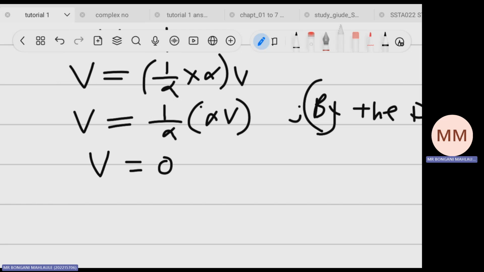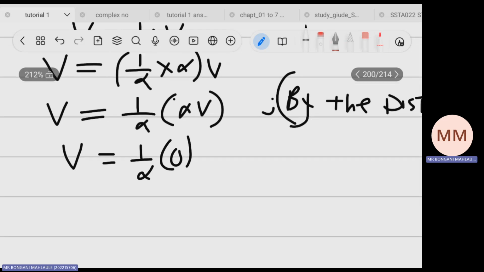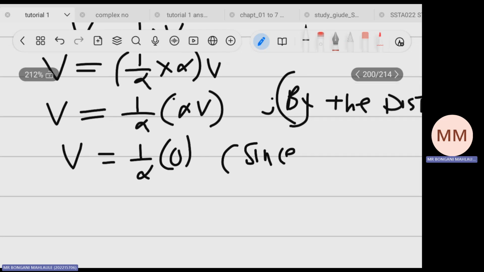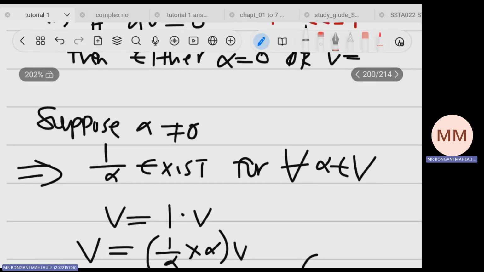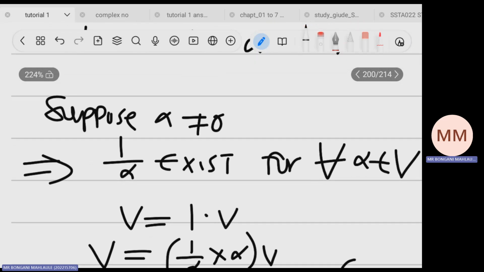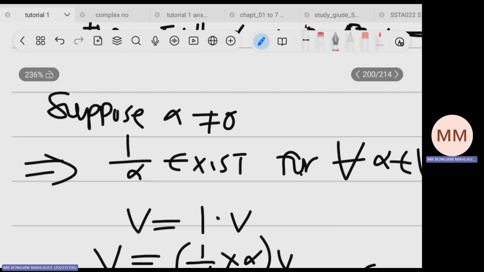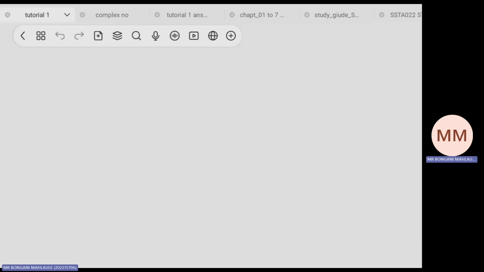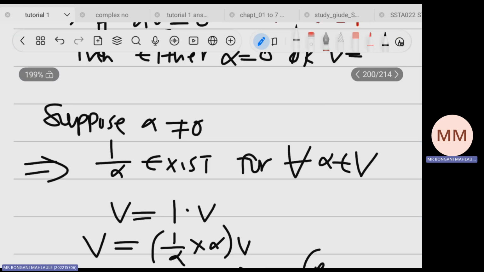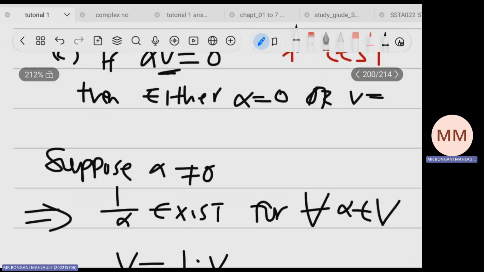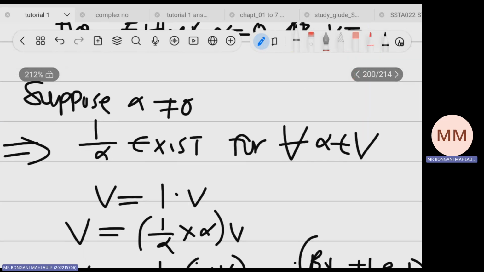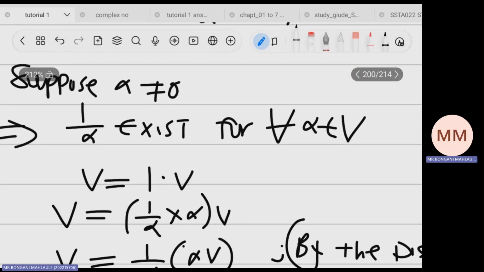Why is this equal to 0? You must first replace this with 0. Since we said suppose alpha v, this must be the first statement you write. We're supposed to say suppose alpha is not equal to 0 and alpha v is equal to 0.